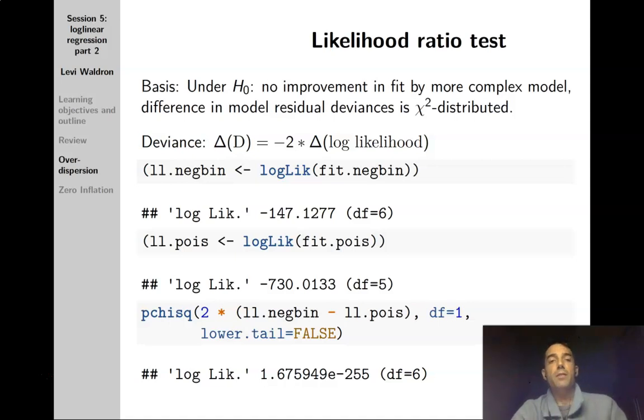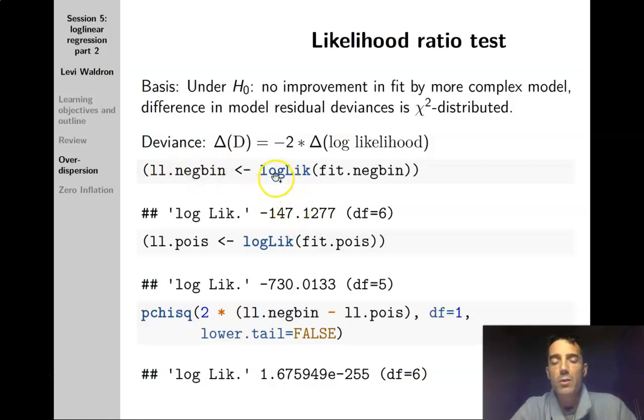So speaking of deviance being negative 2 times the log likelihood, we can use that to do a likelihood ratio test to compare these two models, the Poisson model and the negative binomial model that we just did.